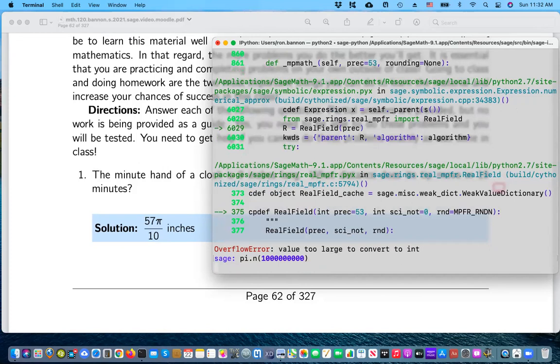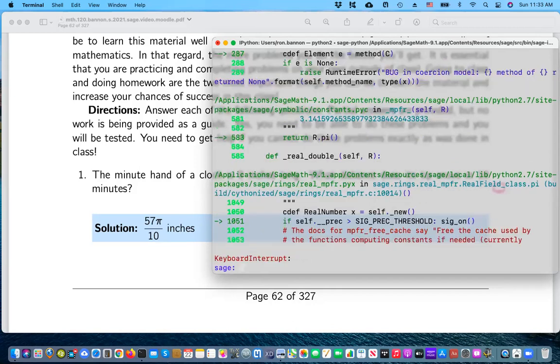I'm not saying that it can't do it. It's computing pi out to a very large number of digits, by the way. I'm going to have to kill the operation if it doesn't go. Again, the server might be reacting funny to this. All right, I had to kill it. Let me do another one.